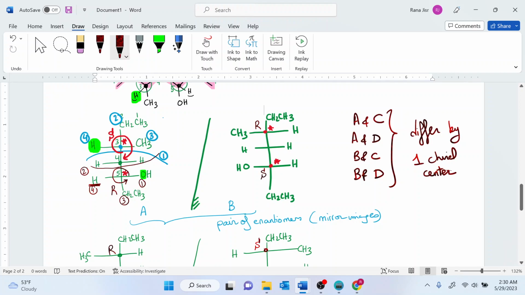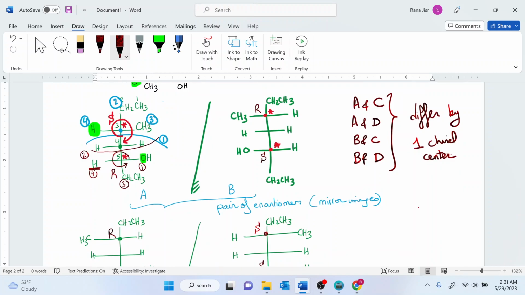To figure out your enantiomers every single time, always do the configuration. That will be easy. If you see that the chiral centers differ at all the carbons, these are enantiomers. And if you see that the chiral centers differ at only some of the carbons, these are diastereoisomers. Here, because I have two chiral centers, if the compounds differ by one chiral center, then this is called a diastereoisomer. So these are called diastereoisomers.